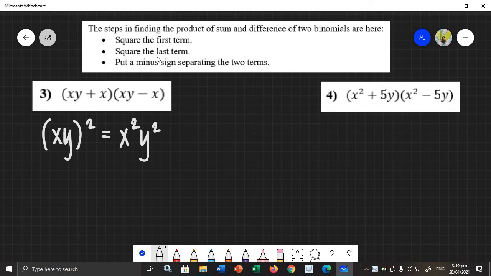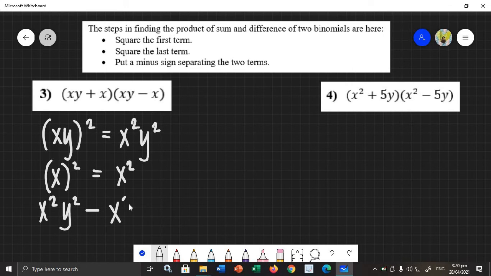The next step is to square the last term. The last term is x, so we have x raised to the second power. Then we rewrite the product. The first term is x raised to the second power, y raised to the second power, and then put a minus sign to separate the two terms, so minus x raised to the second power. This is now our product: x squared y squared minus x squared.